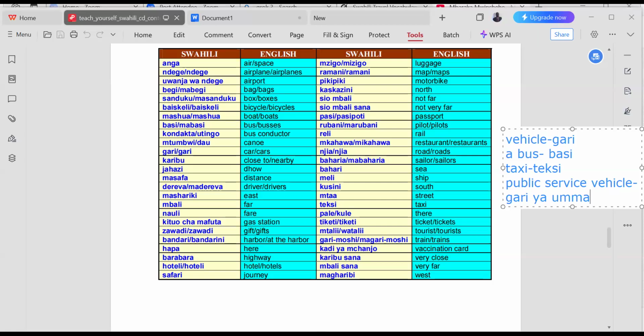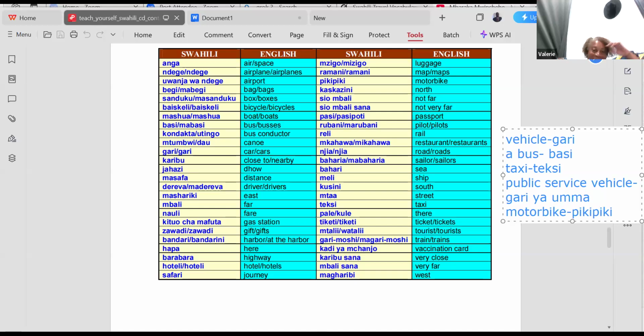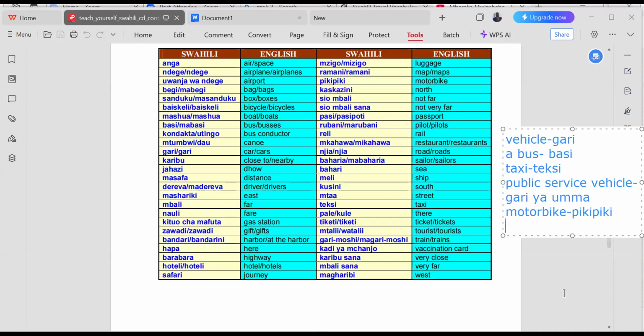You can also use a motorbike, which Kiswahili calls piki piki. Piki piki. Very interesting name. In other countries, like in Tanzania, I know they call a public vehicle daladala.